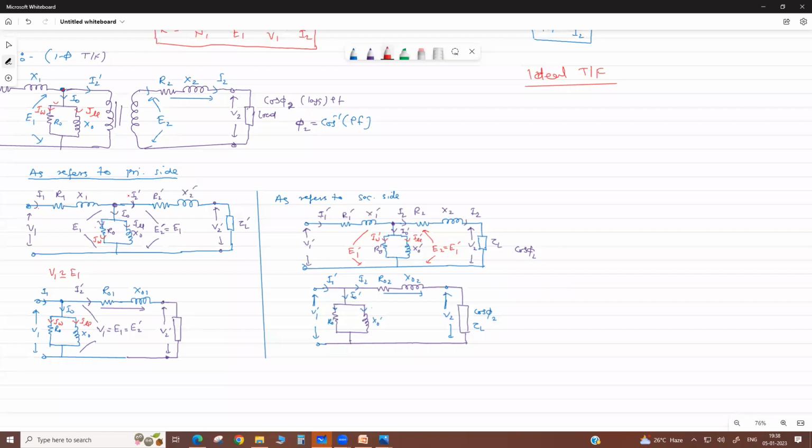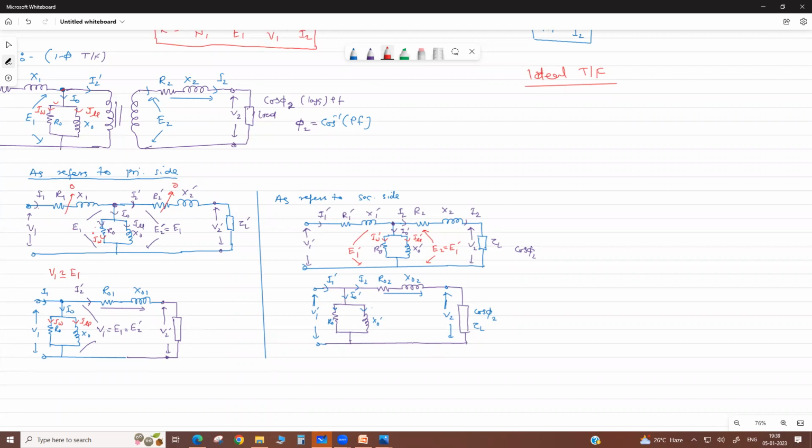The flux produced by the primary is 100% linked with the secondary. And the coils consist of high grade conductor, so they have no resistance. So for the ideal transformer these resistances are zero, and leakage reactance is also zero. So primary and secondary impedances are zero: R1, X1, R2, X2 are 0.